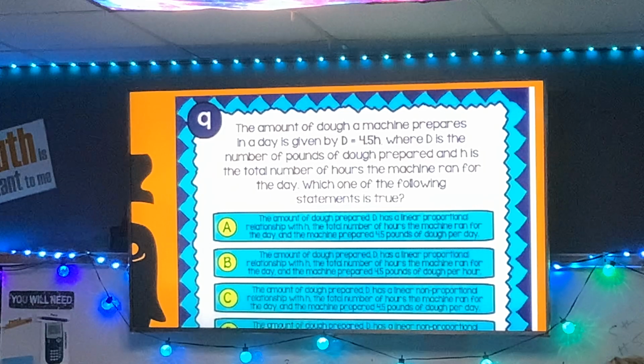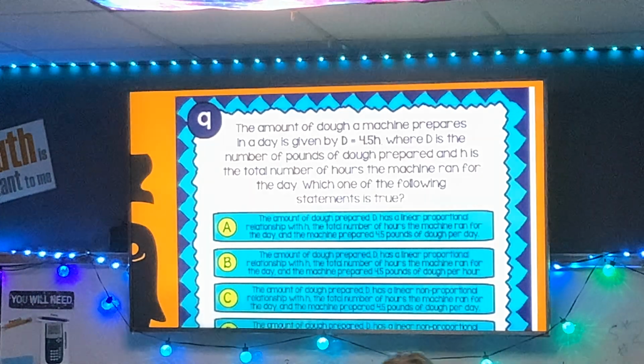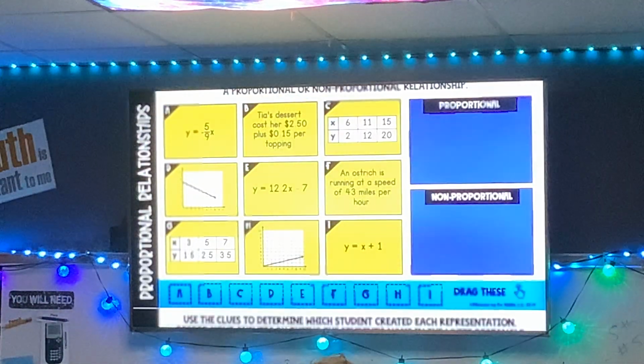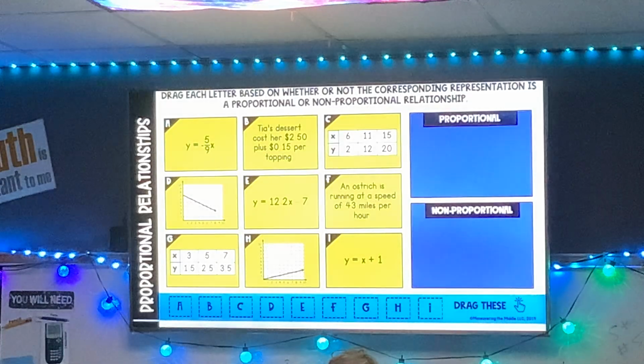Listen to me. Once you finish, you're going to hit submit. Then you're going to open notes practice together. This is what it should look like. Okay, go.